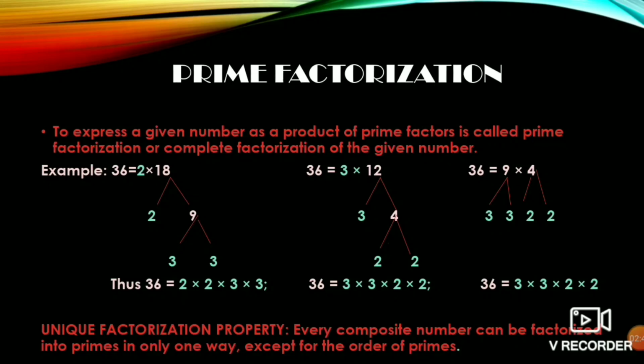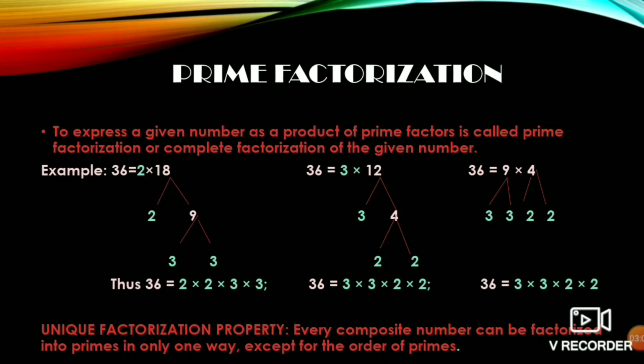In the third case, 36 is expressed as a multiple of 9 and 4. 9 is further expressed as a multiple of 3 and 4 is expressed as a multiple of 2. In this case also, 36 is expressed as 3 multiplied by 3 multiplied by 2 multiplied by 2.